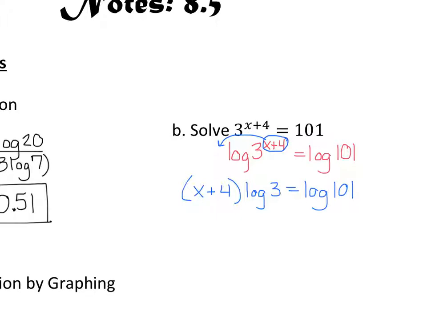We can't move the 4 and the log at the same time because it's 2 different operations. The log is multiplied, the 4 is added. So let's move the log first by dividing it, and you can put that in your calculator. What's log 101 divided by log 3?